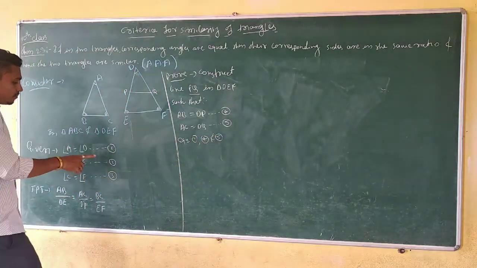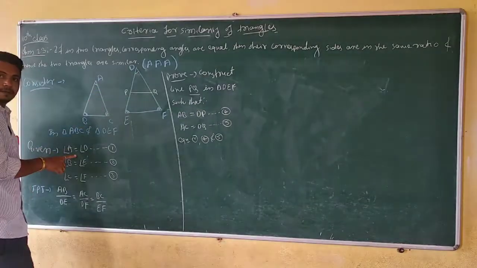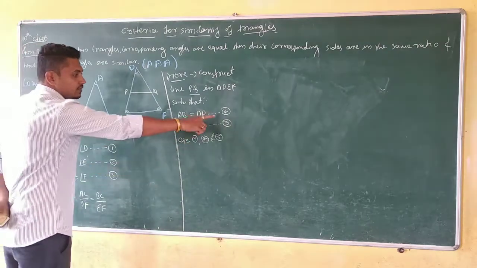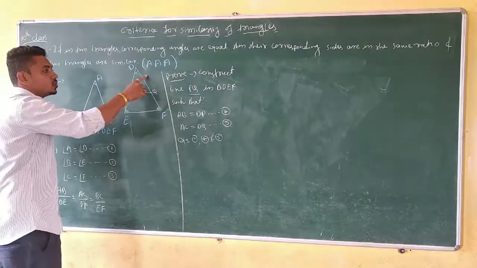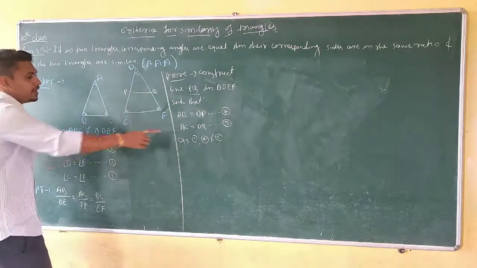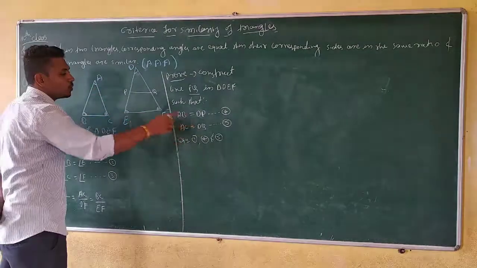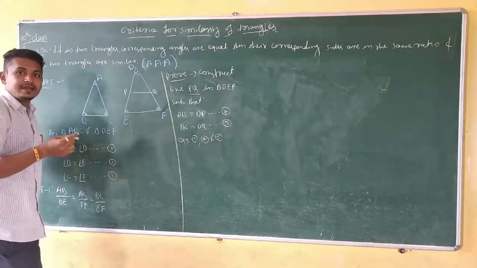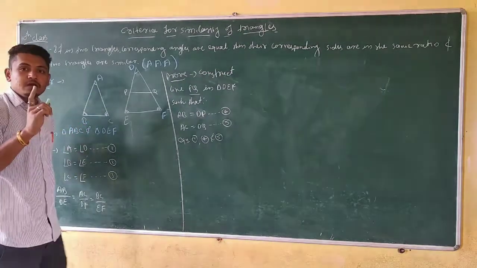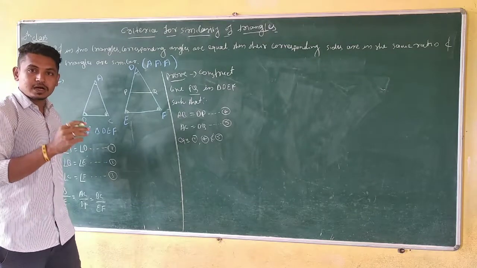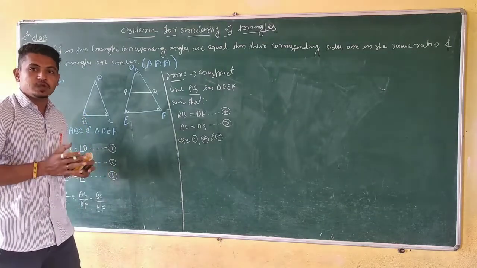See here, in the first equation the corresponding angles are equal, and in equations number 4 and 5 the corresponding sides are equal to each other. AB is equal to DP and AC is equal to DQ. What does it mean? Two corresponding sides and one corresponding angle are equal to each other.